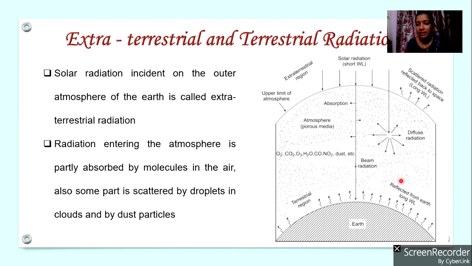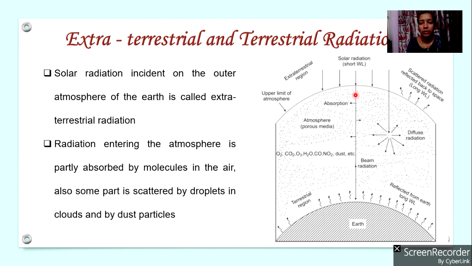This is the Earth's atmosphere, and this region is known as the terrestrial region. The solar radiation entering into the Earth's atmosphere is known as terrestrial radiation.